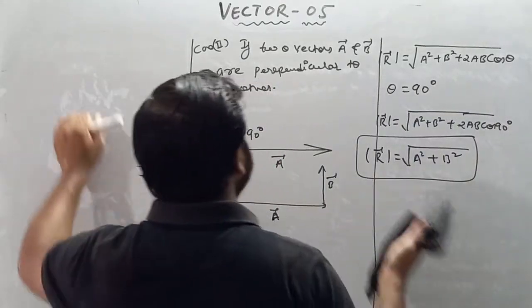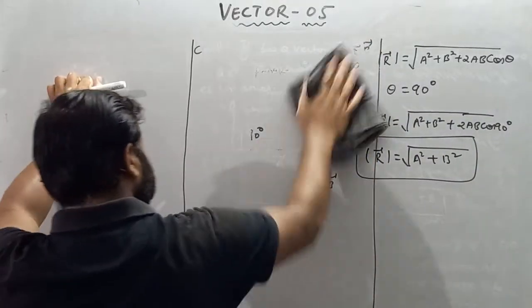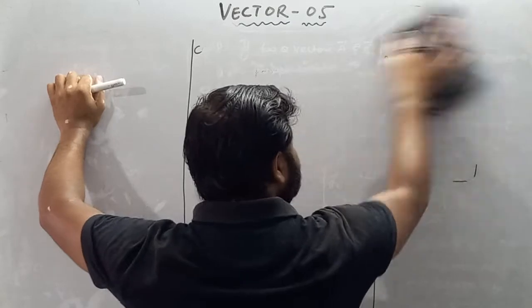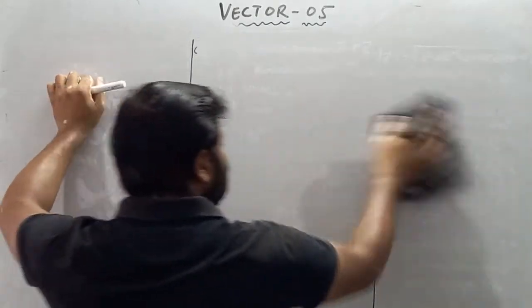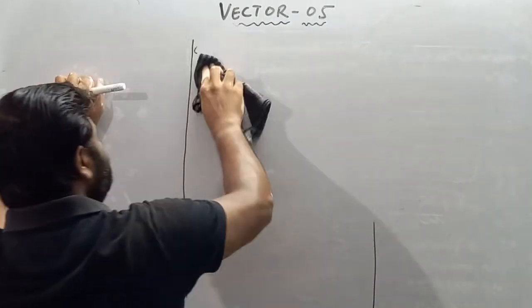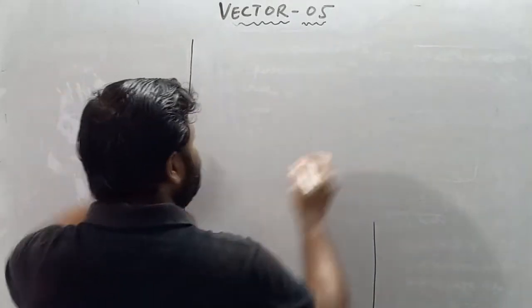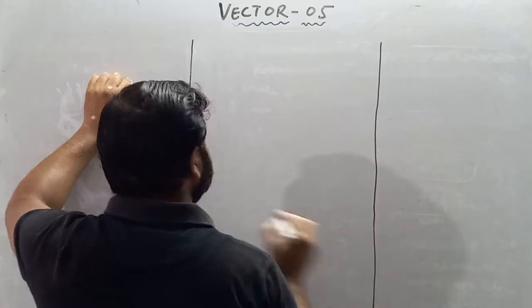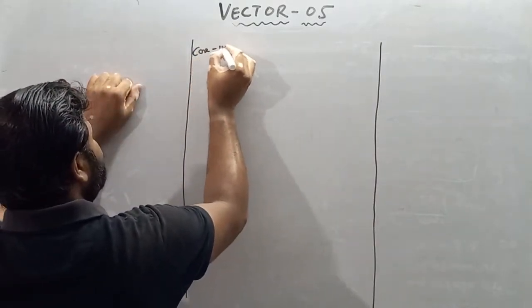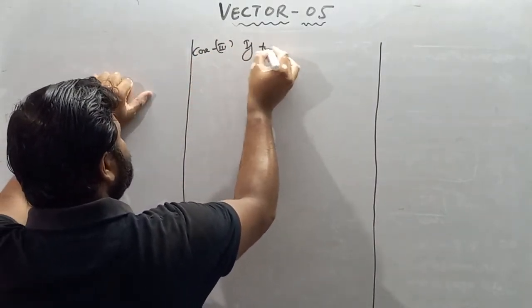Now moving to the third case. Write down, case 3: if two vectors are opposite to each other, or we can say anti-parallel to each other.